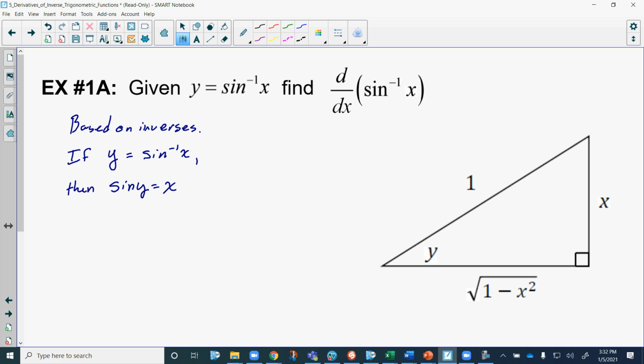And this is what we want to try to differentiate. We're coming up with that just based off of the properties of inverses from what we started with.